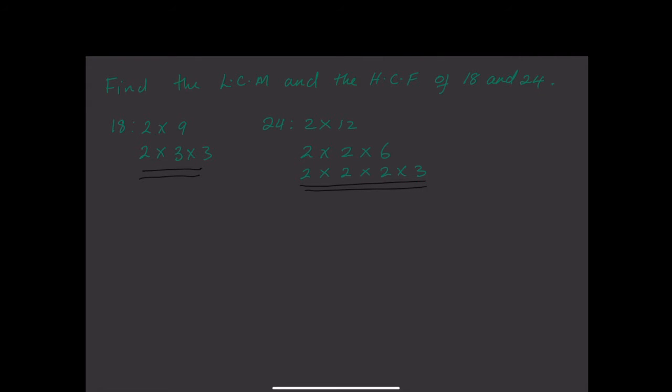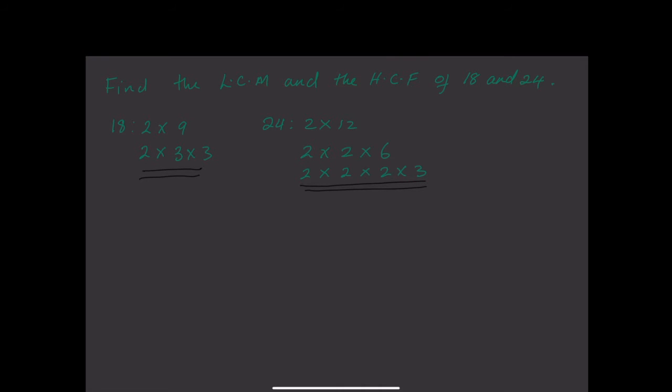Now we're going to use two methods to find the L.C.M and H.C.F. We're going to use the Venn diagram method, and we're going to use the prime factor method, where we're just using the prime factors to help us.